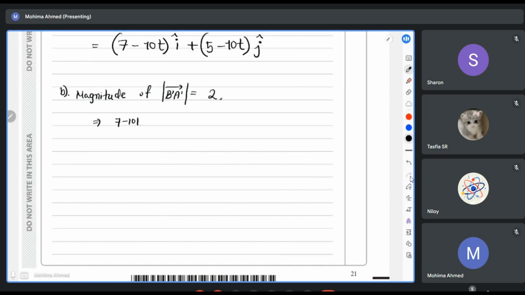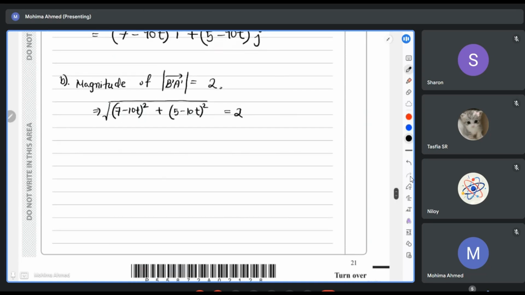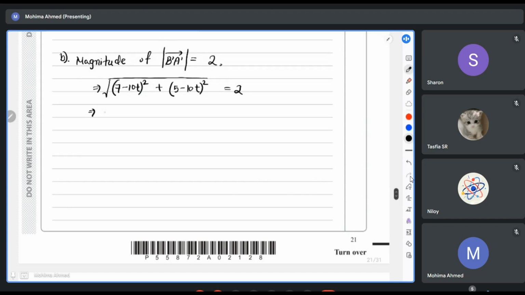7 minus 10t whole square plus 5 minus 10t whole square, everything under a root, equals 2. Obviously, we're going to take this root to the right hand side and make that 2 square.